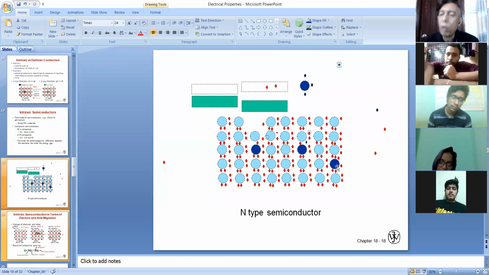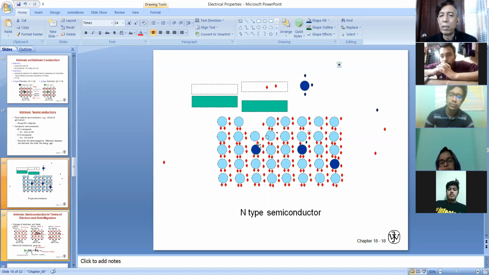We know both holes and electrons can carry electricity. Here, the number of holes is 5, but the number of electrons is 2. So the majority carrier is now hole, and the minority carrier is now electron. Hole is positively charged because 1 electron is less here.